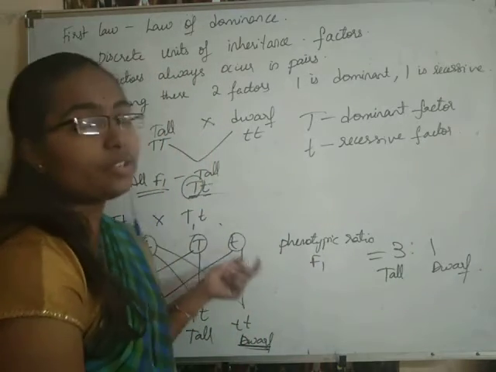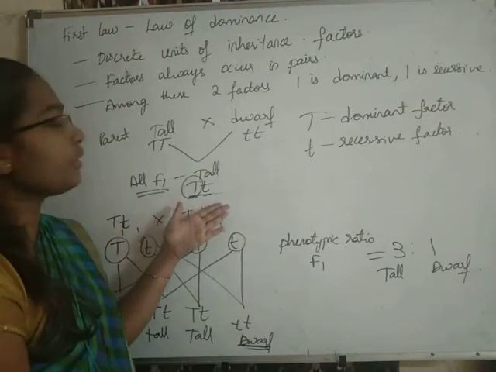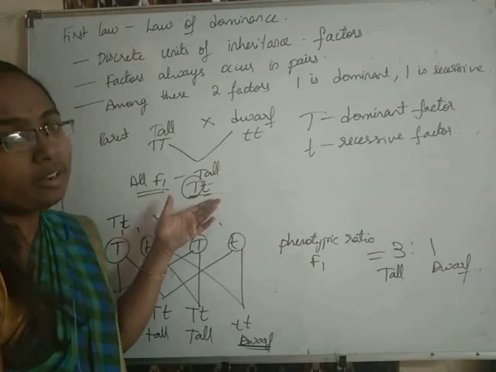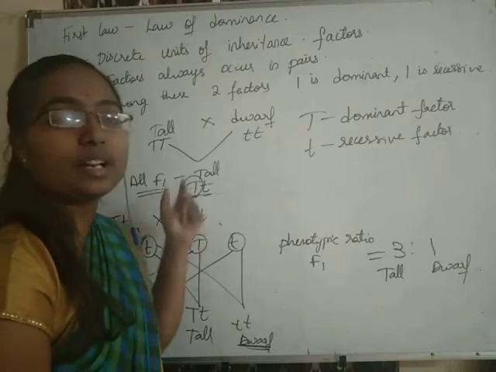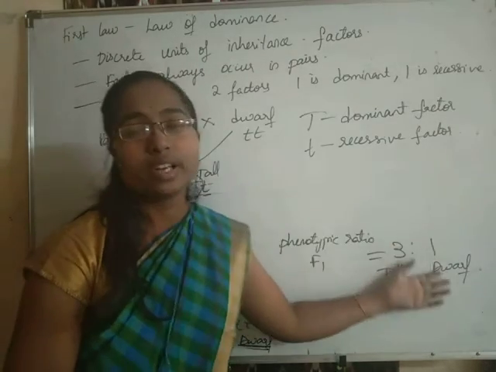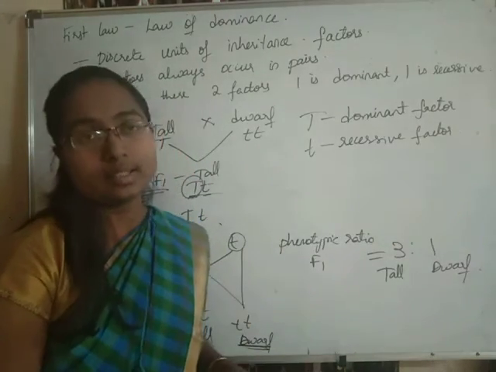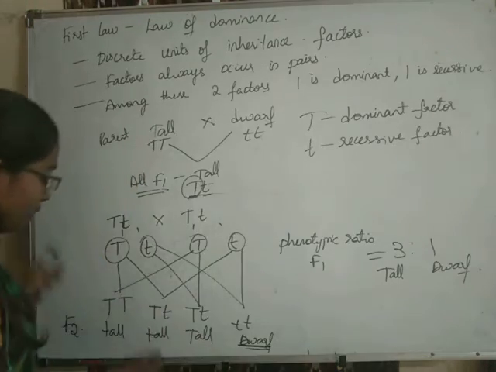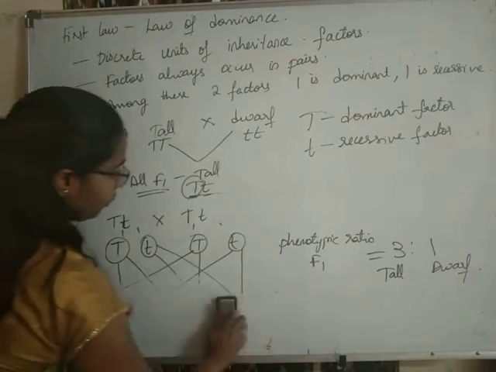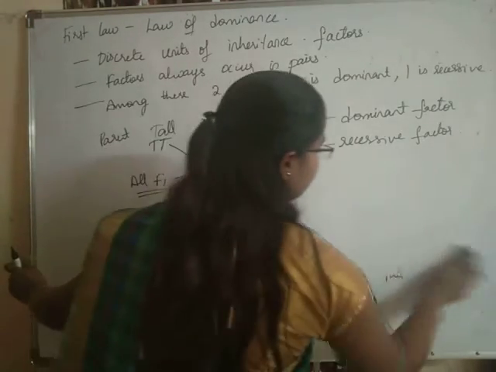The factor which expresses itself in the F1 generation is dominant. The factor which does not express itself in F1 but directly expresses itself in the F2 generation is said to be recessive. This is all about the first law of inheritance, the law of dominance.